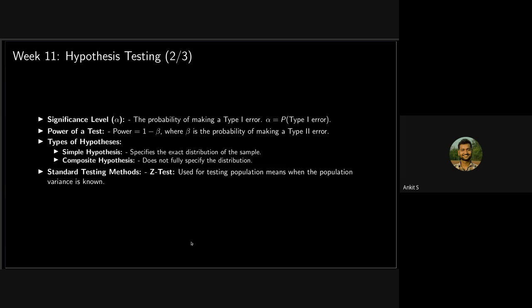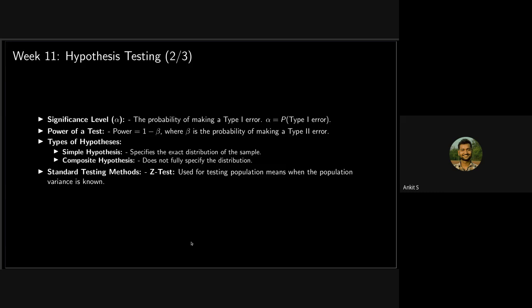There are, I think, 4 testing methods that are central to week 11 and week 12. So there will certainly be 2 to 3 or even more questions from this part. One more important thing is the p-value.